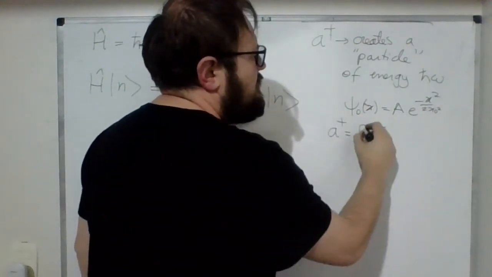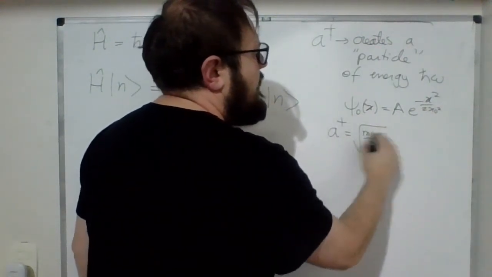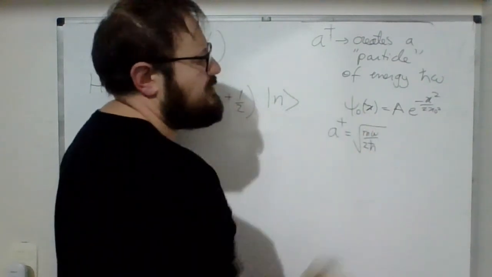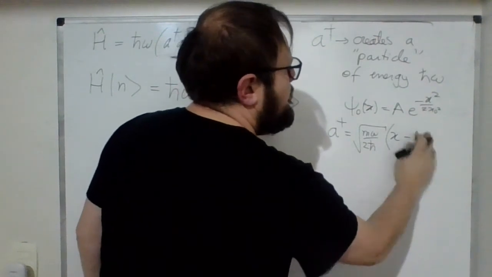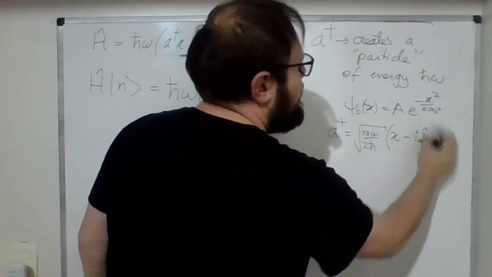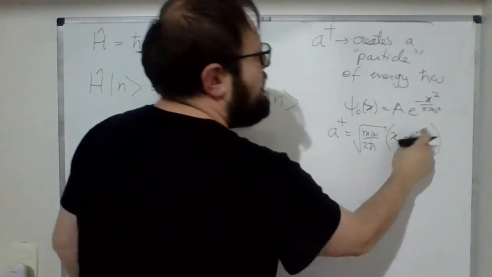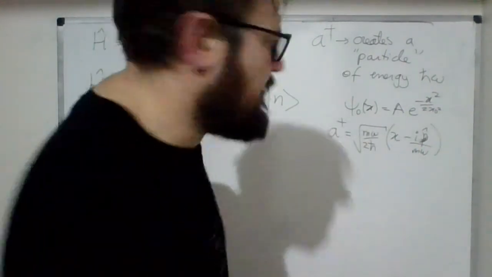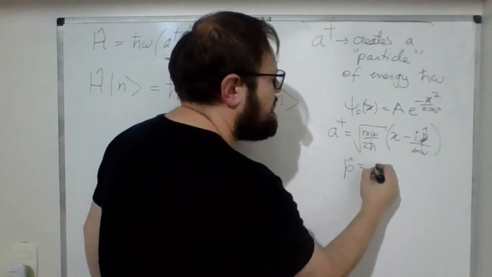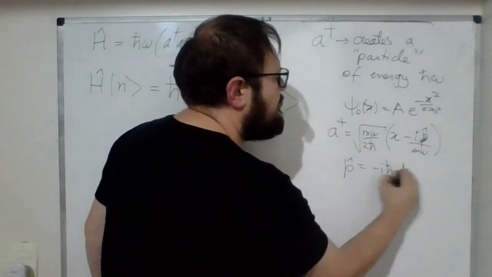So this operator corresponds to m omega divided by twice h bar, x minus i, the momentum operator, divided by m omega. You have this function, and you can apply this differential operator, because p here is just a differential operator.